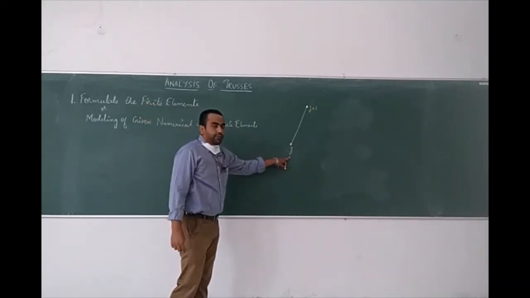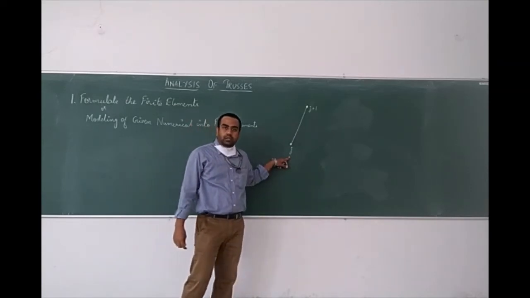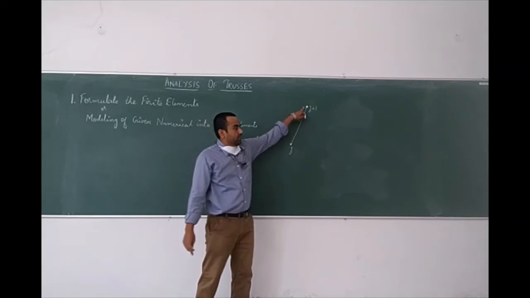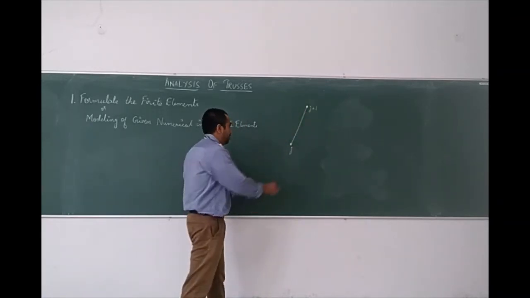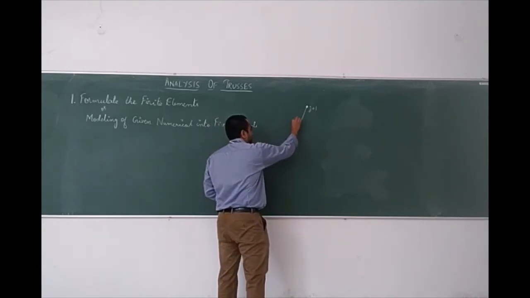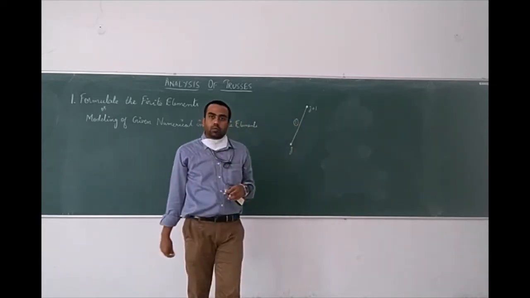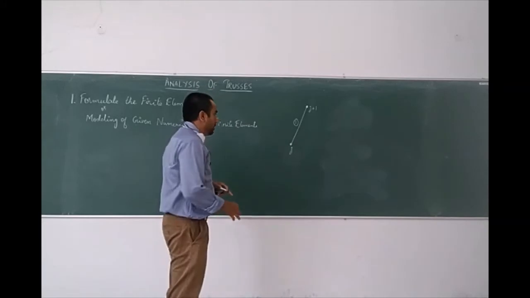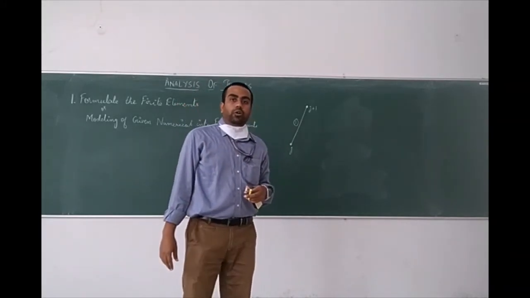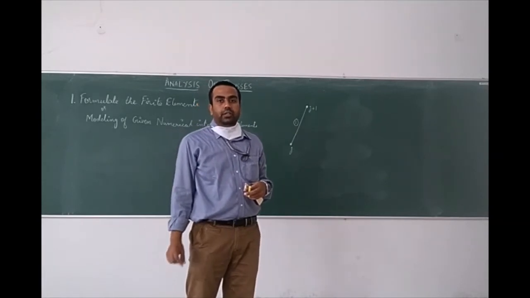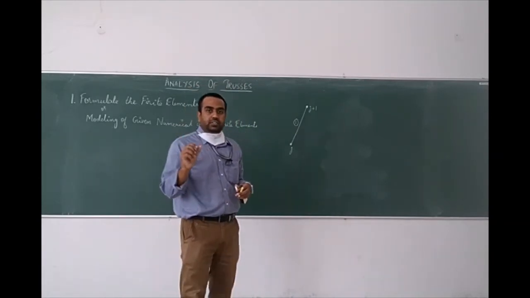So if J takes the value 1, the node number at this location will be 1. This will be J plus 1, which is equal to 2. This will be called element 1.